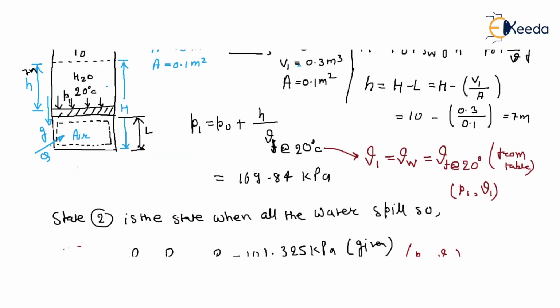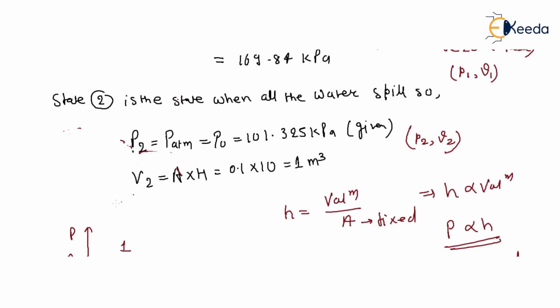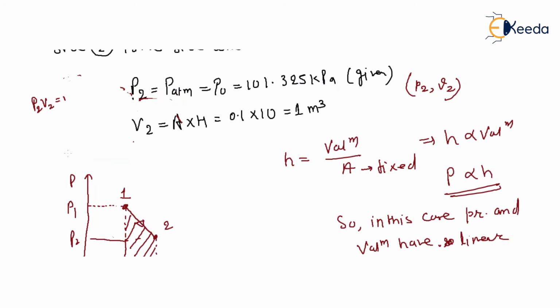T2 is not given. So from this you can also calculate P2, V2. The mass of the air is given, so you can put here the specific R of air into T2. So you have knowledge about the final temperature T2 as P2 V2 by R of air.